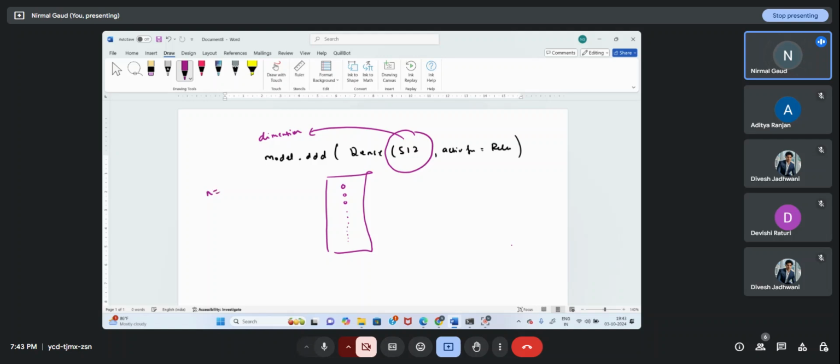So 2 into 512, that is 1024, that is your input. Okay, so here you are having 1024, from 0 to 1023, and this is your 512. Like this you can prepare.